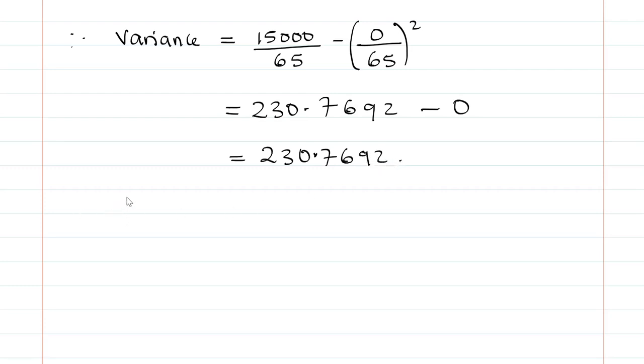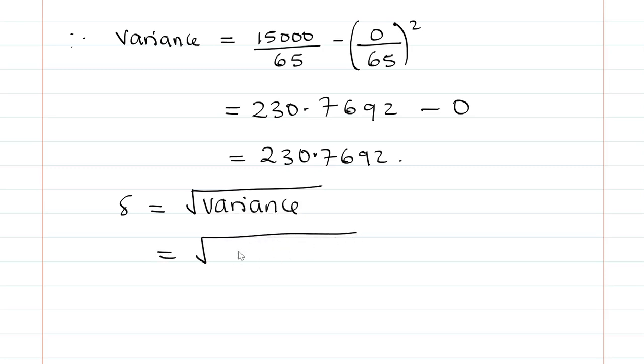But remember, our standard deviation sigma equals the square root of variance. And therefore here we just substitute for the value of variance. That is 230.7692. And then you press the calculator. Get the root of your answer. I'm getting 15.1901.